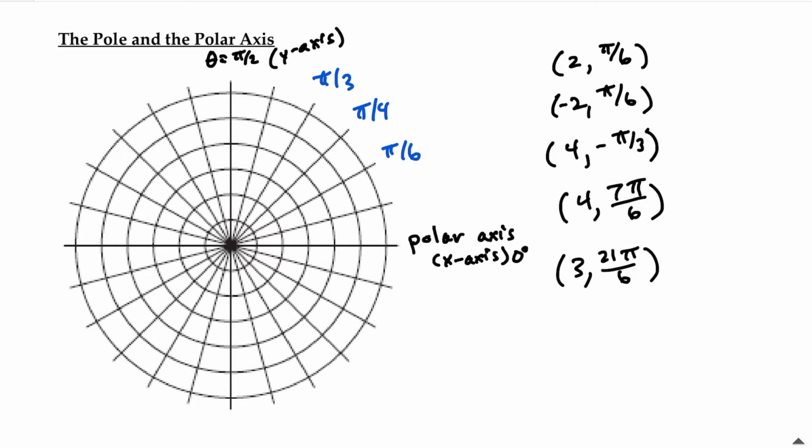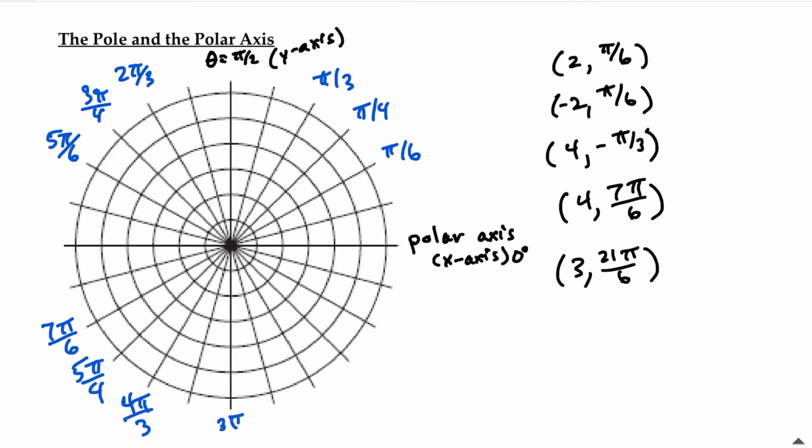Then on the opposite side, we'll have 2 pi over 3, 3 pi over 4, 5 pi over 6. Some polar graphs won't be done in these increments. They'll just have these three most commonly used angles. Down here, we will have 7 pi over 6, 5 pi over 4, and 4 pi over 3.